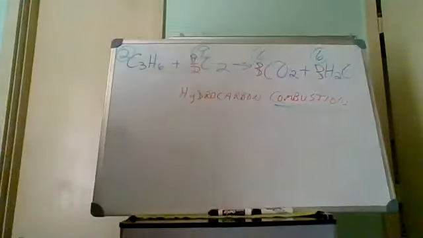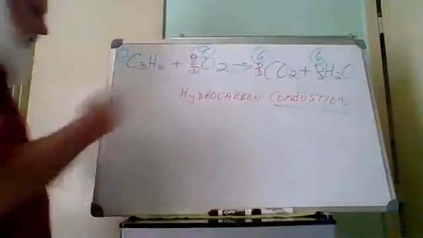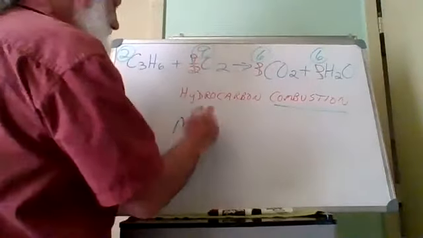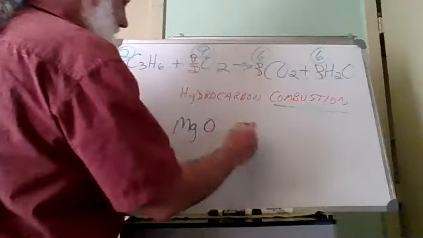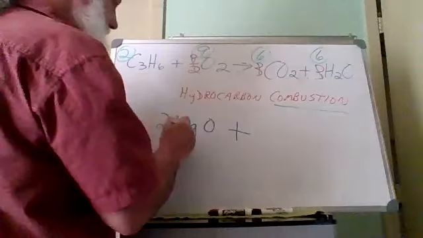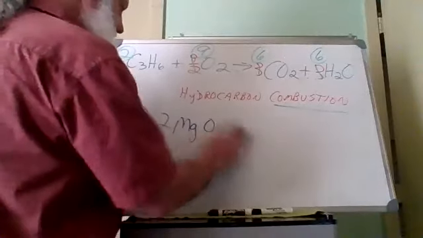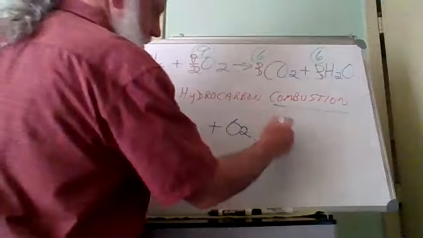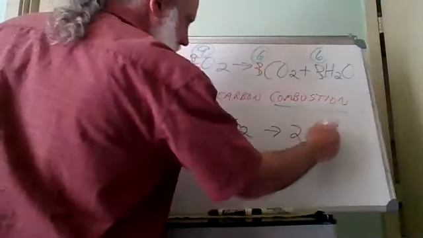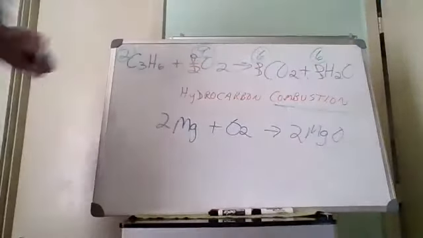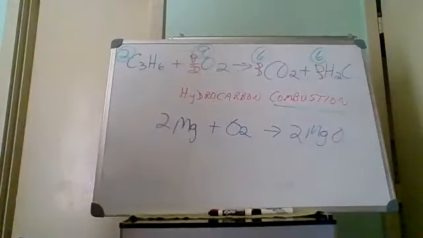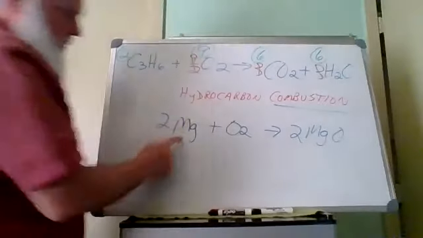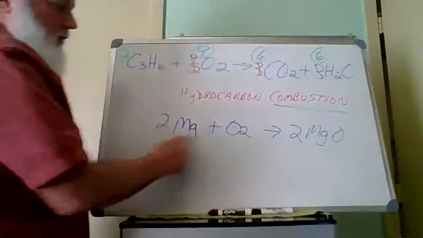For example, if we look at this reaction, MgO. I think we may have done this back in the first quarter. You get a thin piece of magnesium metal and you burn it.